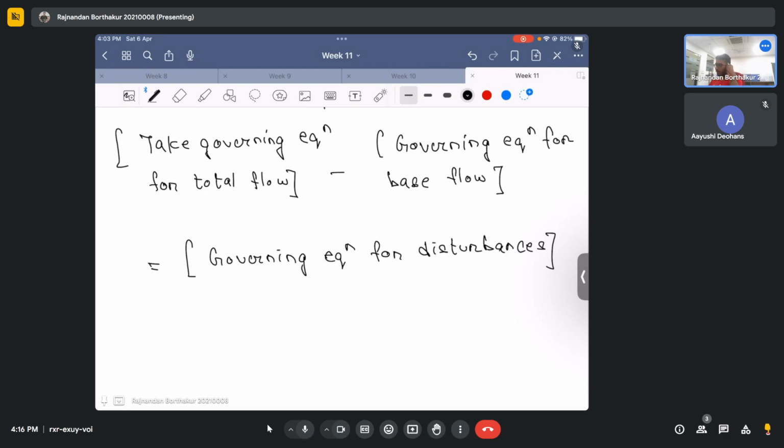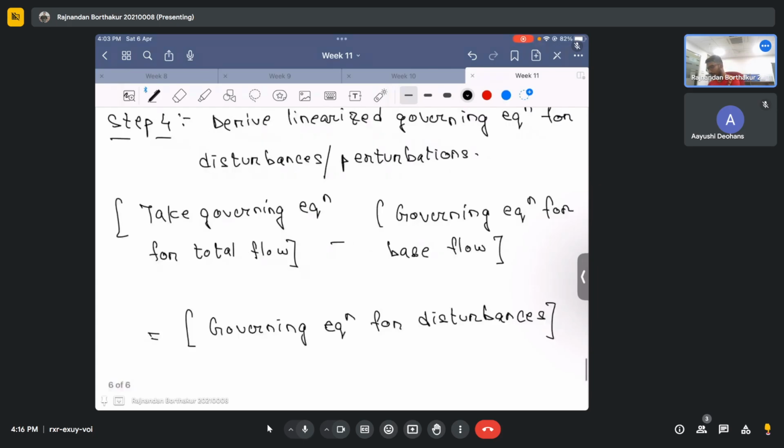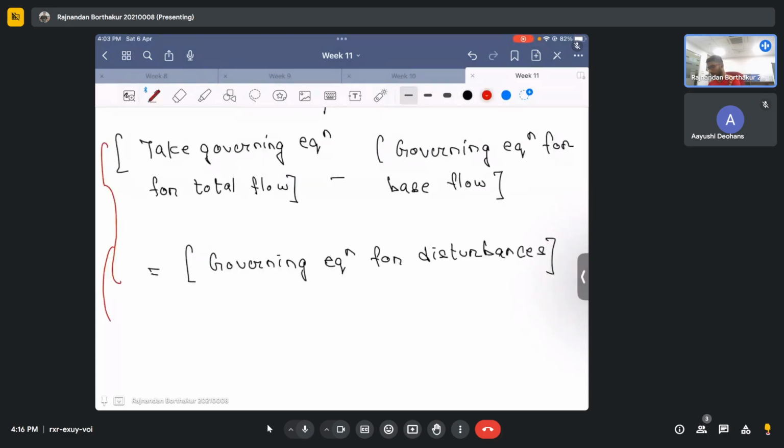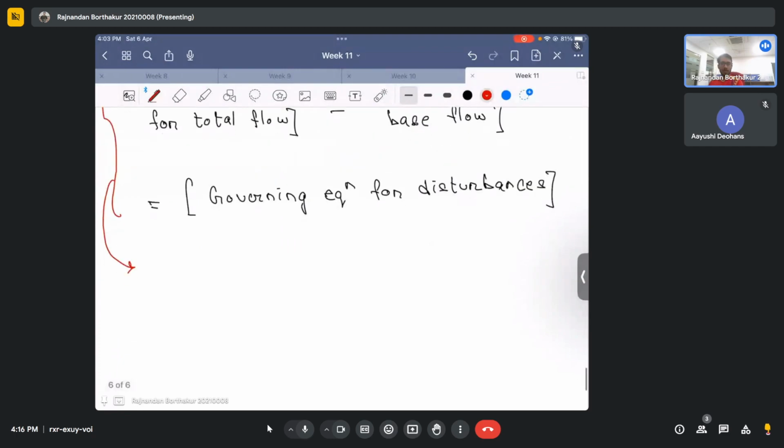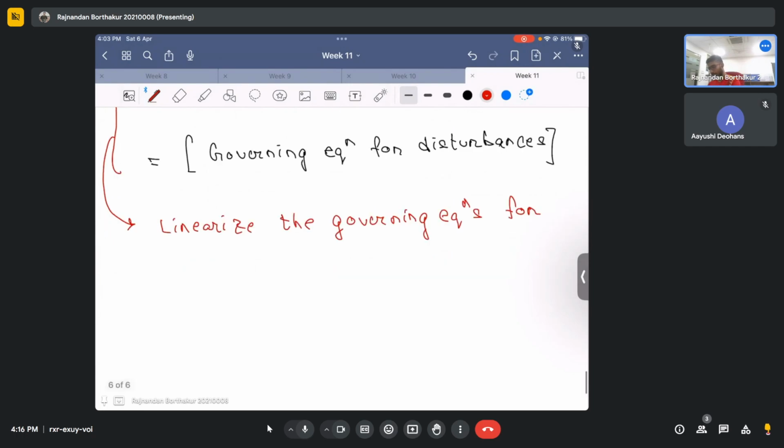All right. But always remember that in doing this step, as an additional part of the exercise, we will also linearize the governing equations for disturbances.